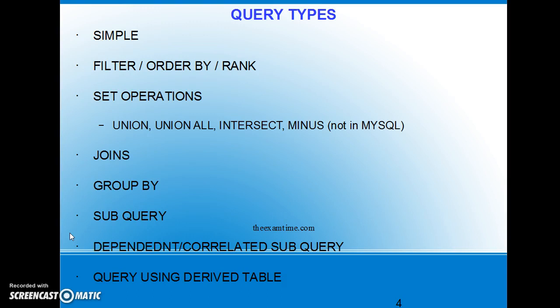In that scenario, you will be selecting on the department table as the main query, and you are using exists or not exists with a select on the subquery on the employee table where employee.department ID is equal to department.department ID.